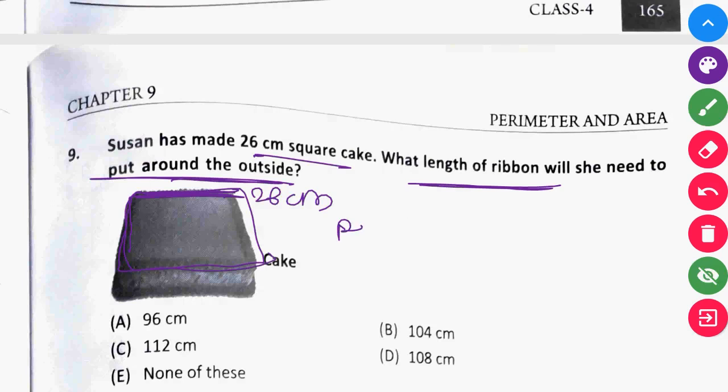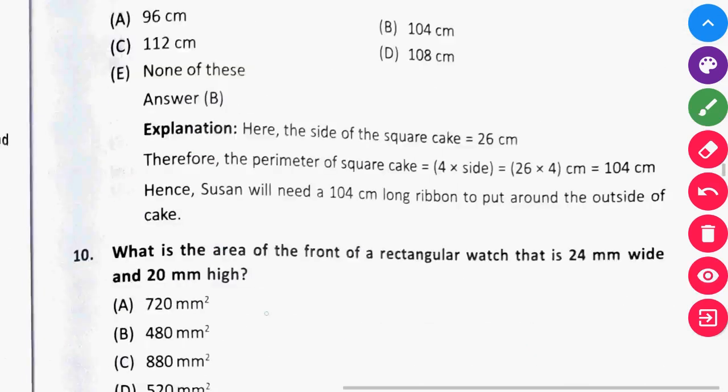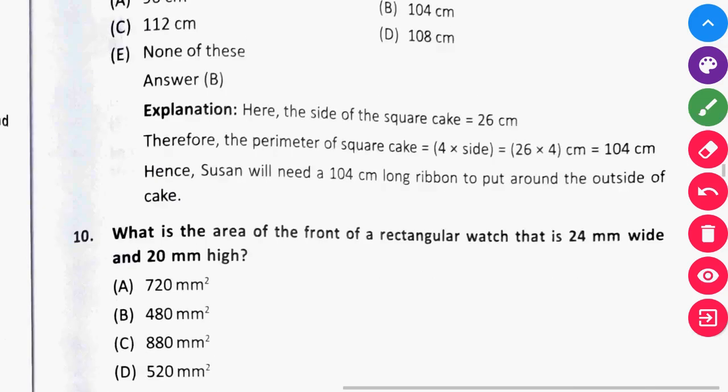So we have to calculate the perimeter of the square, and perimeter of square is 4 into side. Side length is 26, so 4 into 26. 6 4s are 24, 4 2s are 8, so 104 centimeter length of ribbon will be required.